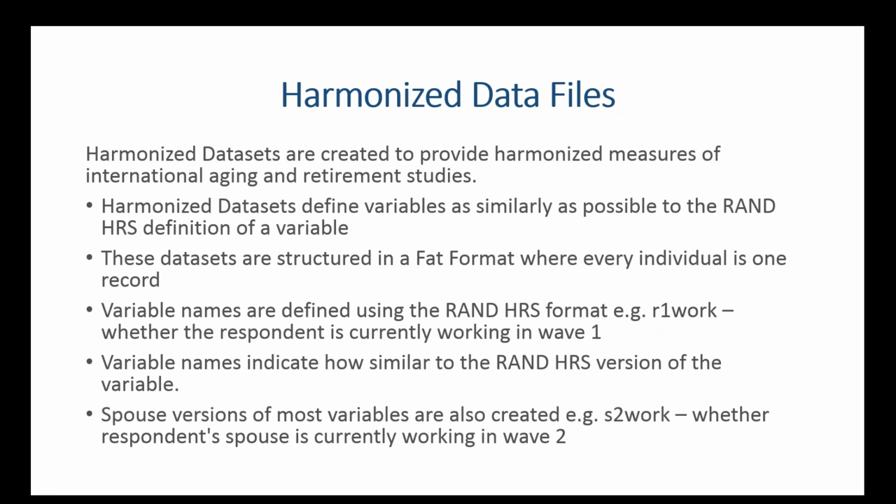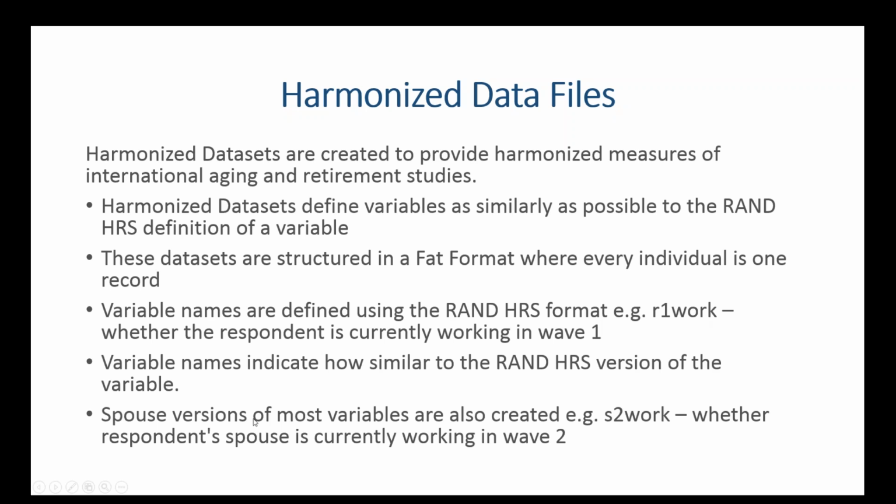But we also might have a variable called r1work_e for ELSA, and that means although it's capturing whether the person is currently working, a similar concept, it could be that it's not exactly comparable, so we didn't want to give it exactly the same variable name. And in the case that they capture a similar domain but are not really comparable at all, we would not give it even the same variable string. We would change this to be work something else.